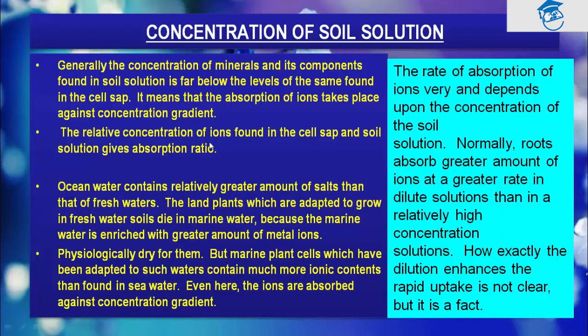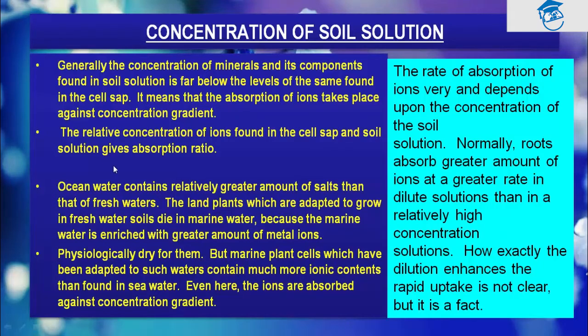The relative concentration of ions found in the cell sap and soil solution gives the absorption ratio. The concentration of ions inside the plant cell is different from that found in the soil solution.